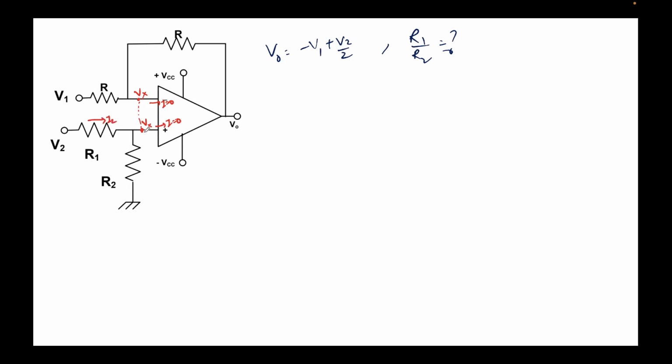Now look at this node. If I apply KCL at the non-inverting terminal, all the current I2 coming from the voltage source V2 has to flow through this resistor, because no current can flow through the op-amp arm.